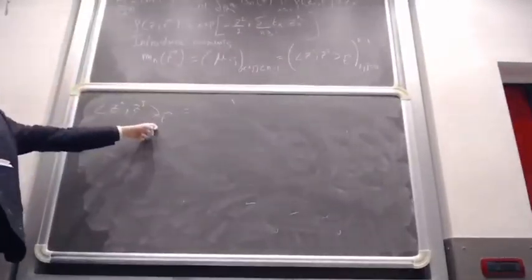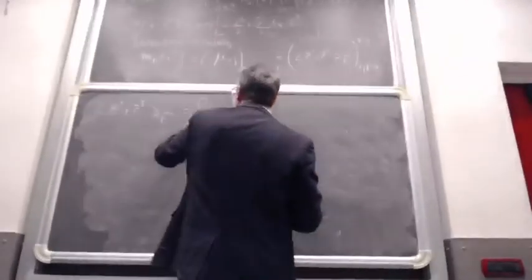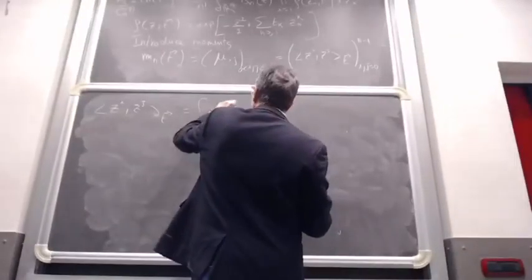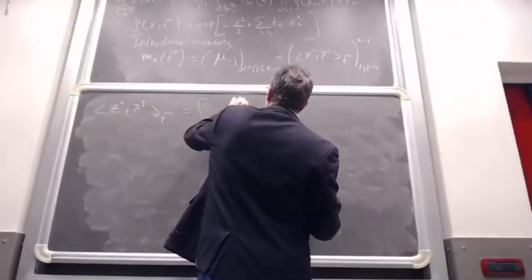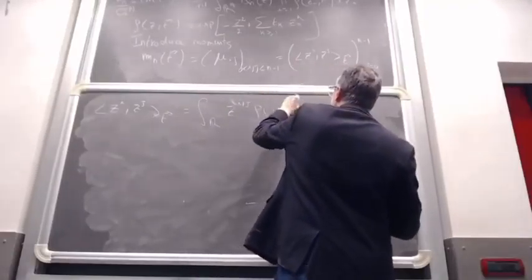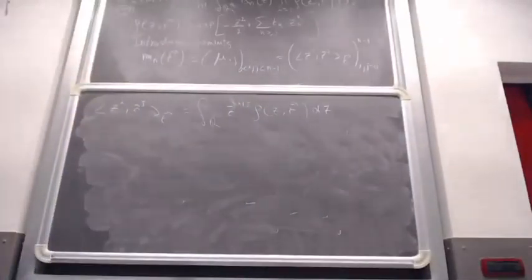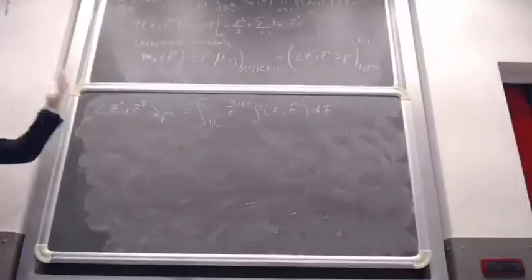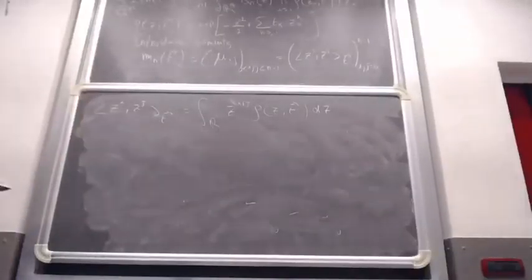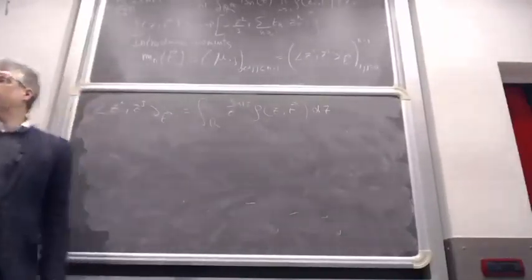I use the subscript t to emphasize the dependence on the parameters. This is the integral over R of z to the power i plus j of rho in dz. Okay, so rho is a one-dimensional probability distribution induced by the Gibbs distribution on the space of Hermitian matrices, and this is just the moment of order i plus j.